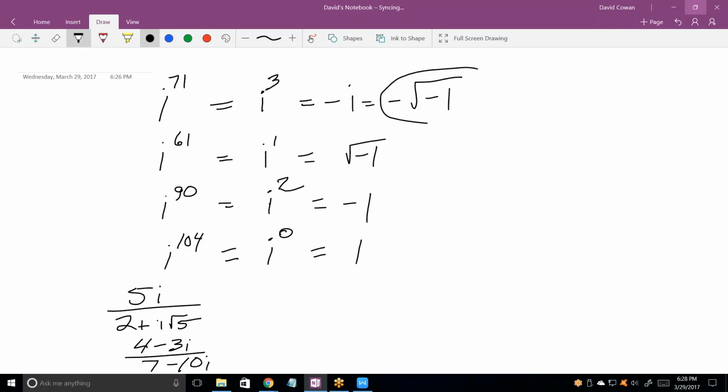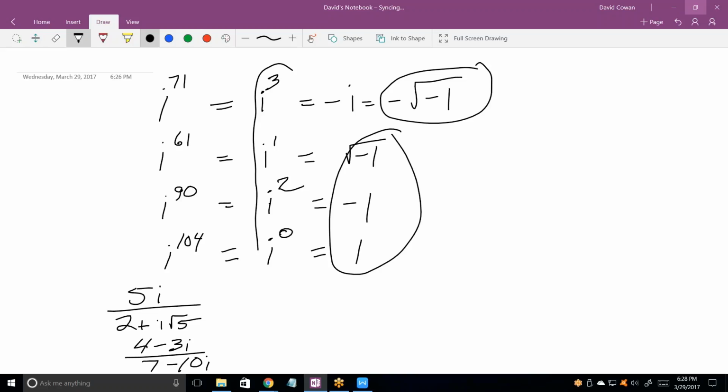So if they want numerical answers, these are the numerical answers, and they almost certainly want numerical answers. They don't want you to say i squared as an answer. Okay? So the only hard one there was really this one. When you get a 0 remainder, that means it's the same as i to the 4th. Notice that i to the 4th was the same as i to the 8th, which is the same as i to the 12th. They're all perfectly divisible by 4.